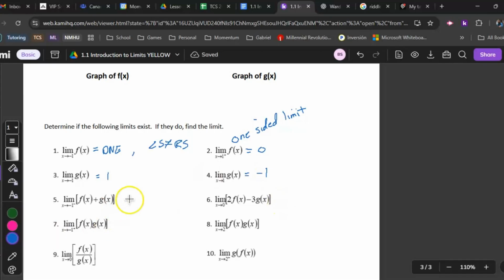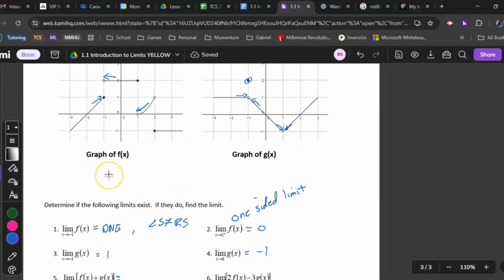Scroll down a little bit here. Let's look at this. What do you think is happening here? So we're going to take them separately and then just add them together. That's all. We're going to take the limit as x approaches -1 from the left of f of x and then of g of x separately and then add them together. We know they're going to exist because it's a one-sided limit.